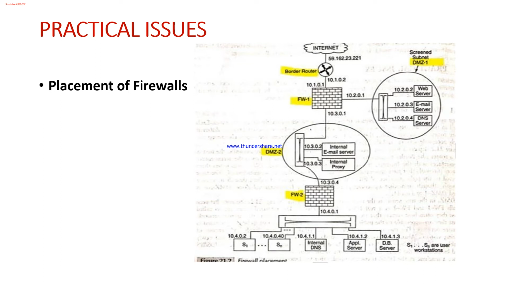One is the internet, the second is the region containing the publicly accessible servers, and the third zone is the internal network. The figure on this slide depicts a 4-zone layout using 3 firewalls. The 2 firewalls are visible here, and the third firewall is within this router.